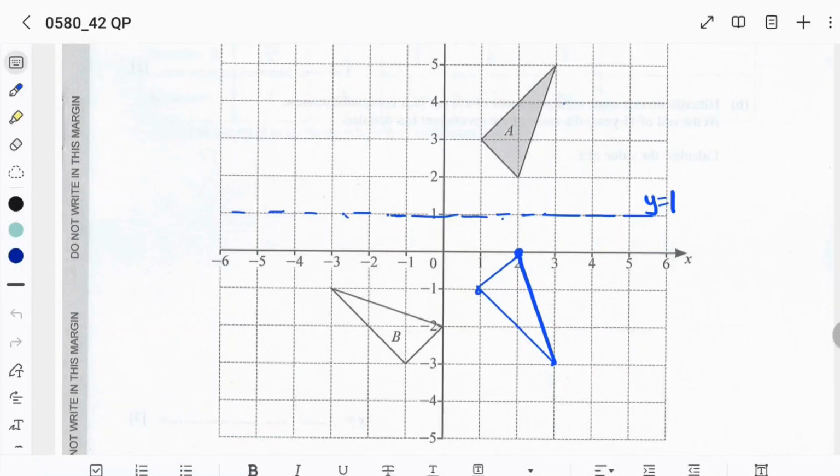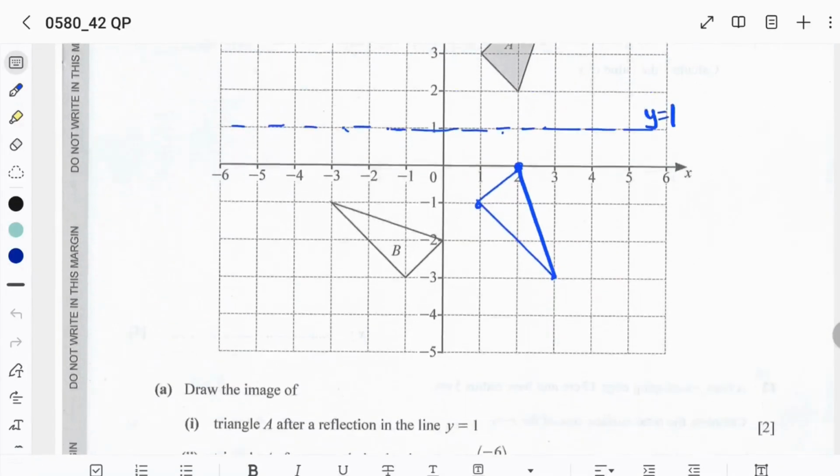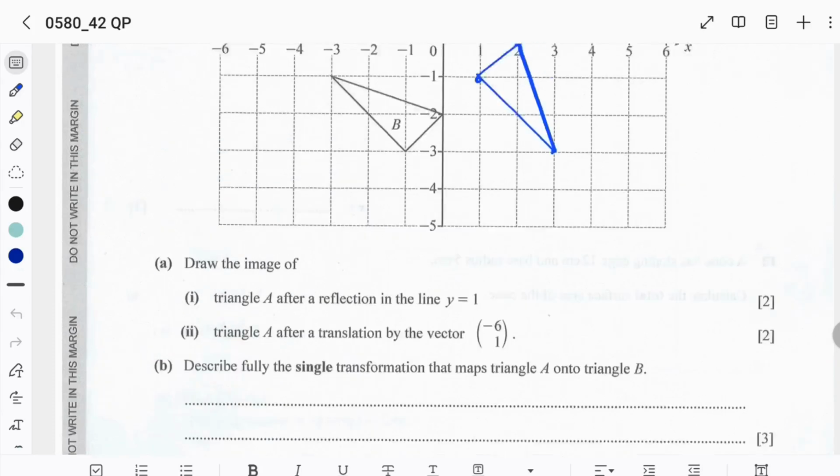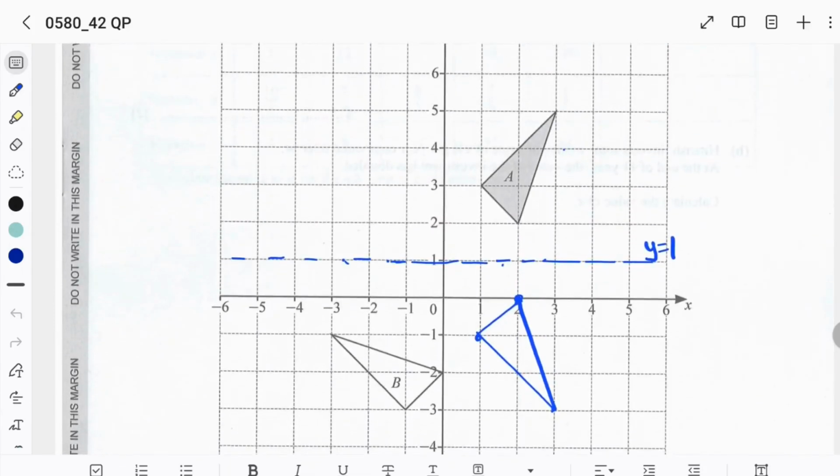All right, now we are going to do the next part of this question, the triangle A after translation by the vector minus 6 1. So we have to translate triangle A. Just go back to the question. The translation vector is minus 6 1, so every coordinate we are moving minus 6 1.